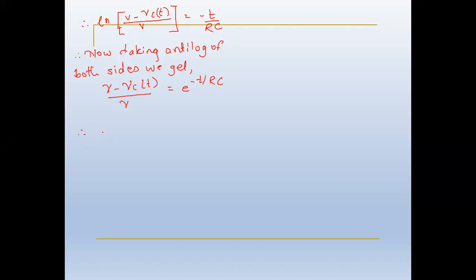So let us solve it now. V minus Vc of t is equal to V into e raised to minus t by RC. Therefore, Vc of t is equal to V minus V into e raised to minus t by RC.